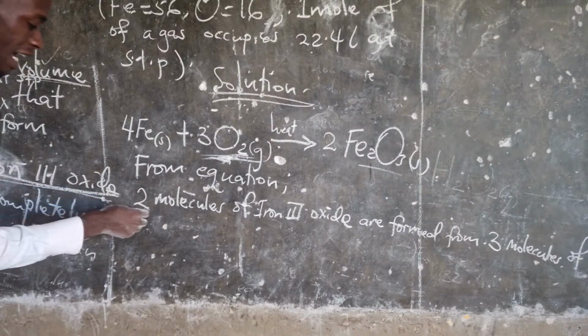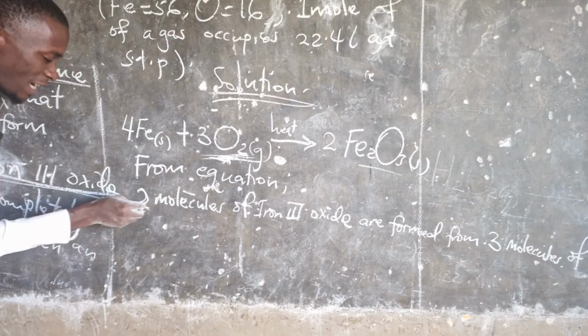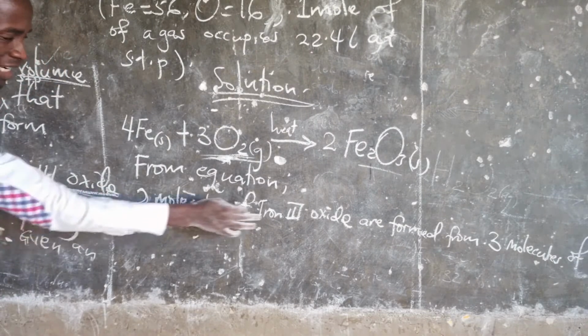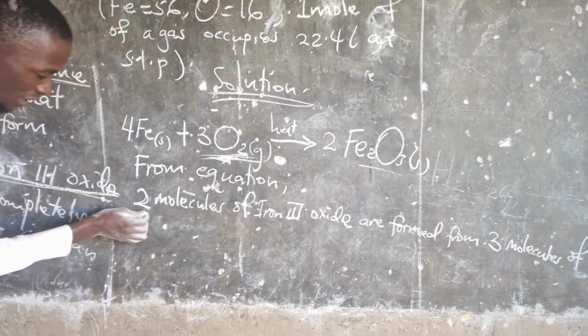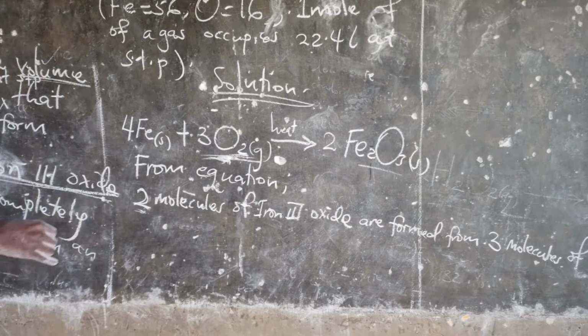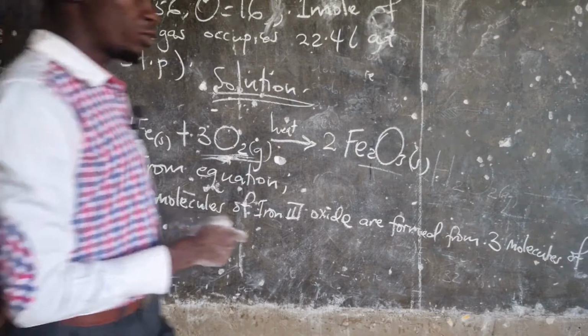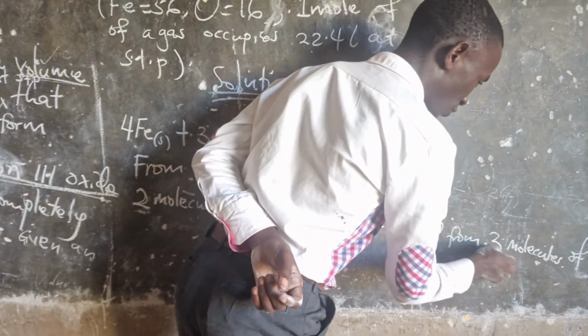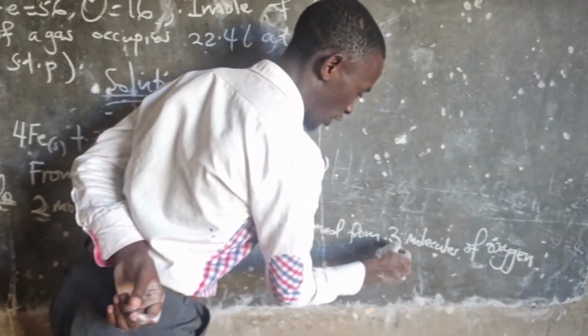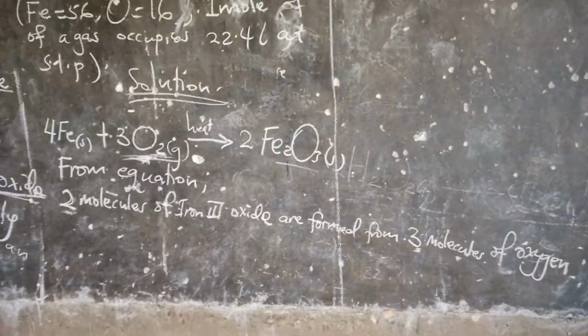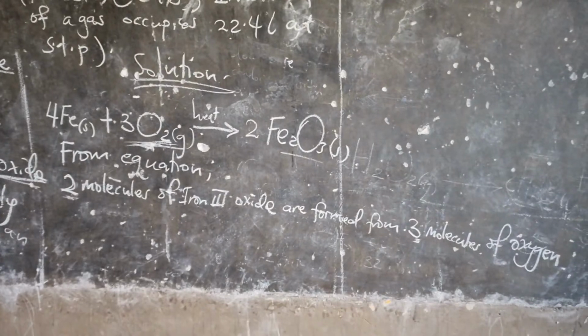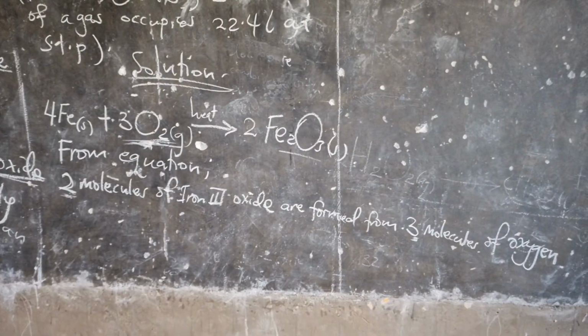Whenever we look at any quantity in line with iron 3 oxide, we shall multiply it with these 2. Whenever we write about any quantity of oxygen, we shall multiply it with these 3, since we are calculating using stoichiometric equations.